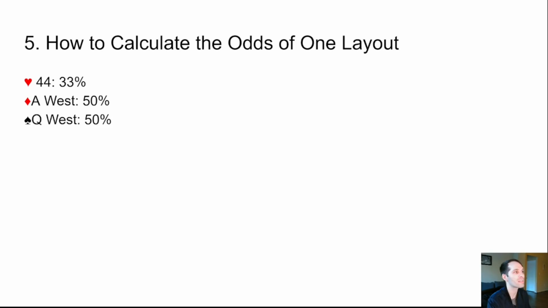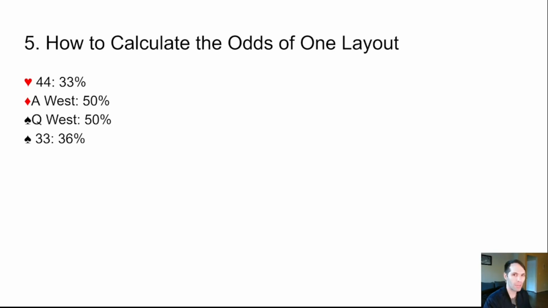Spade queen with West, 50% of the time. Spades 3-3, 36% of the time. Now, how did I come up with these percentages? Well, the 50-50 percentage you can probably work out yourself. There are tables you can look up if you're not familiar with the odds of suits splitting a certain way from an a priori perspective.